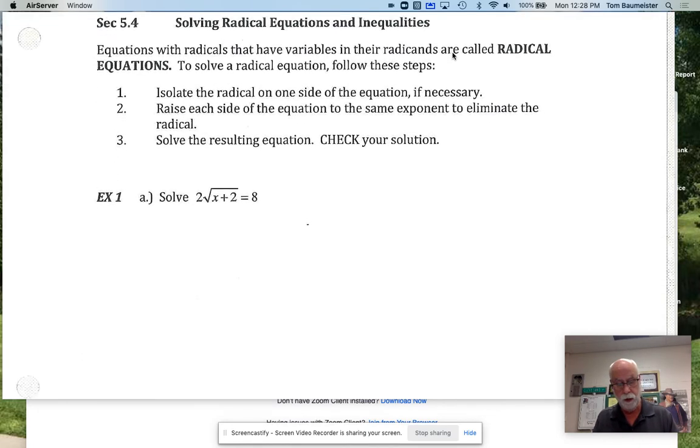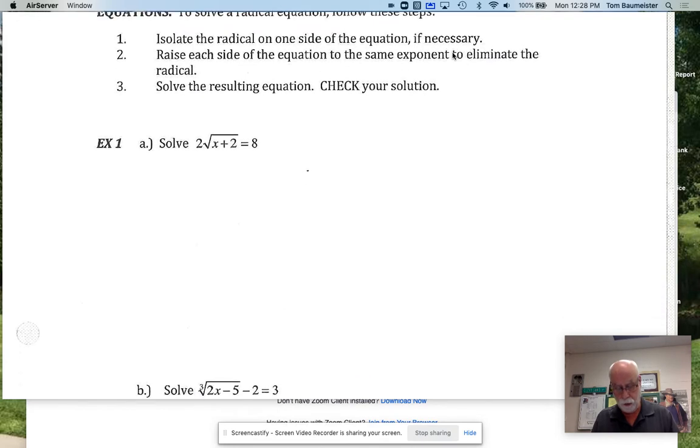All right, so the first one is A, solve 2 times the square root of x plus 2 is equal to 8. So the first thing you're going to do here, the radical isn't by itself, so we're going to divide by 2.